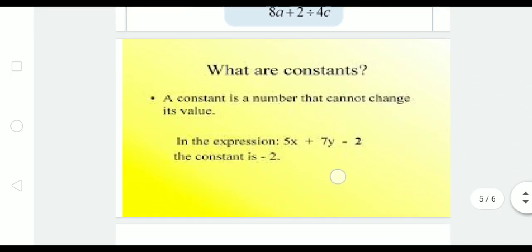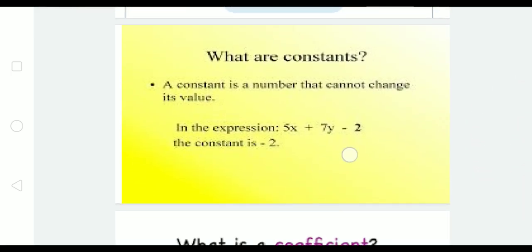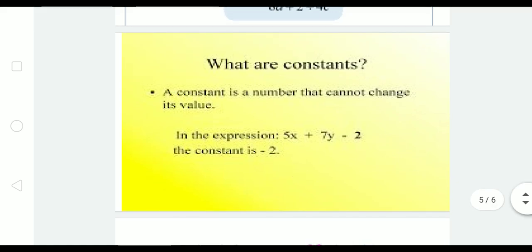And what is a constant? A constant consists of a fixed value. Here 2 is the fixed value. You cannot change the value of 2. It is fixed. But you can change the 5x.